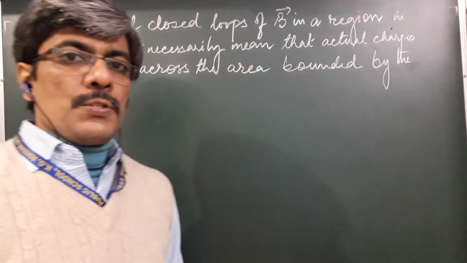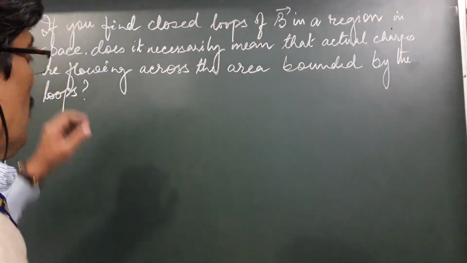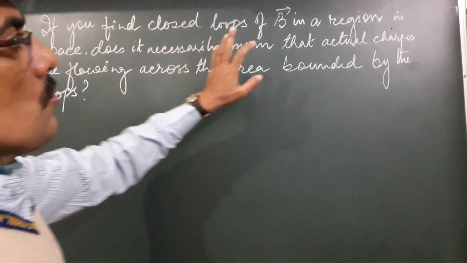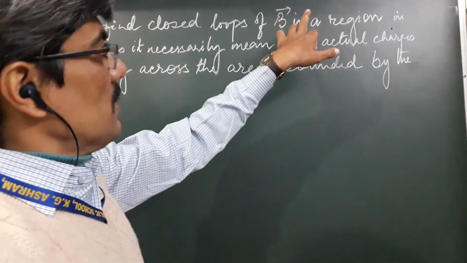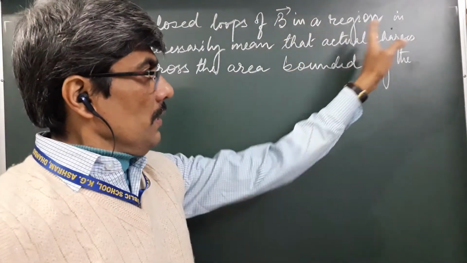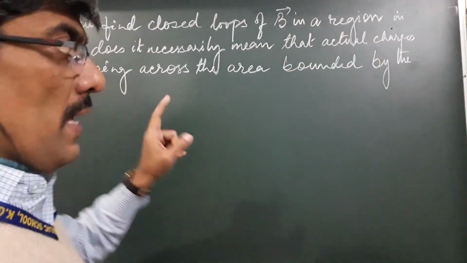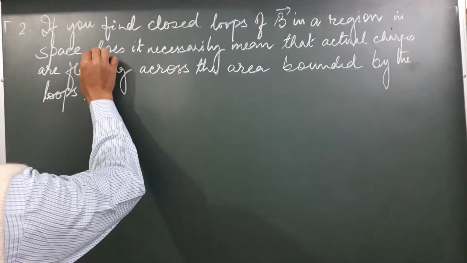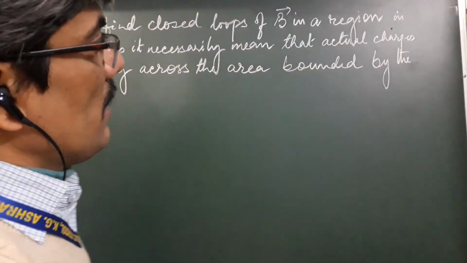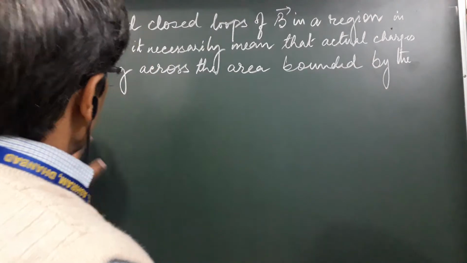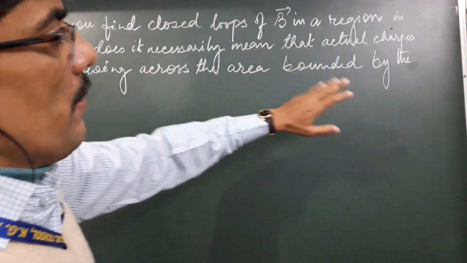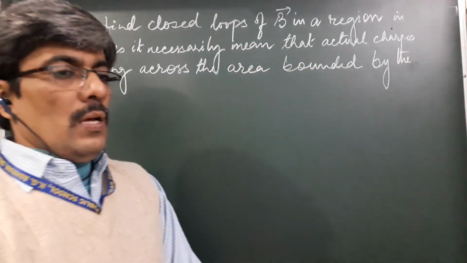The next question, students. If you find closed loops of B vector, that is magnetic field vector, in a region in space, does it necessarily mean that actual charges are flowing across the area bounded by the loops?